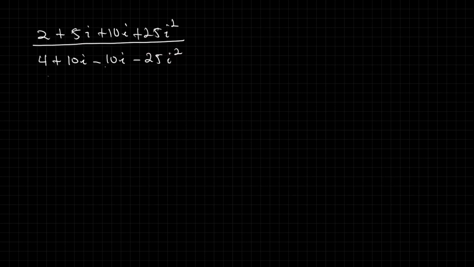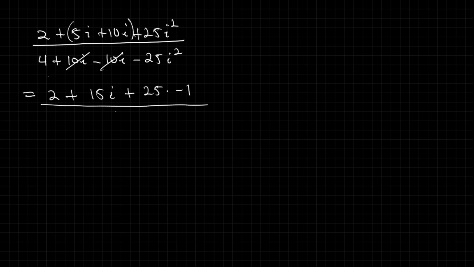Now we can go ahead and simplify some things. This 10i minus 10i will give us 0. And these i squareds are going to be negative 1. So I have 2 plus, I'll combine these two terms as well, 15i plus 25 times negative 1, divided by 4 minus 25 times negative 1. And so in the denominator, I'm going to have 29.